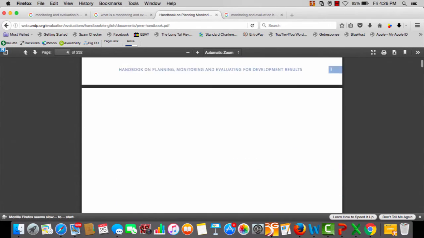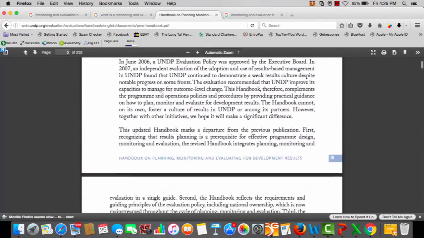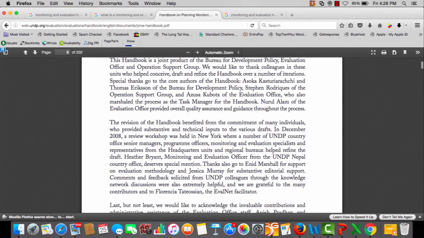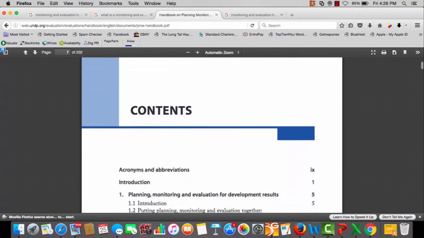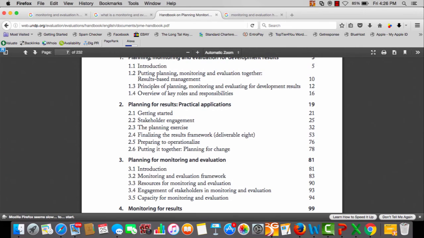And if you further read down, you're actually going to see how this handbook was developed and who its intended people are.